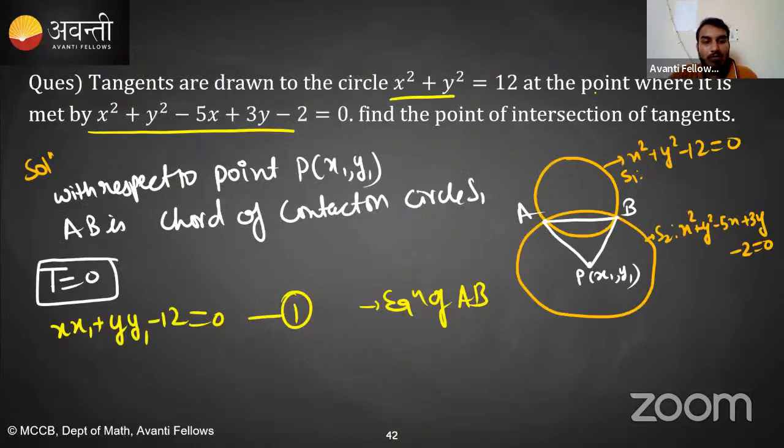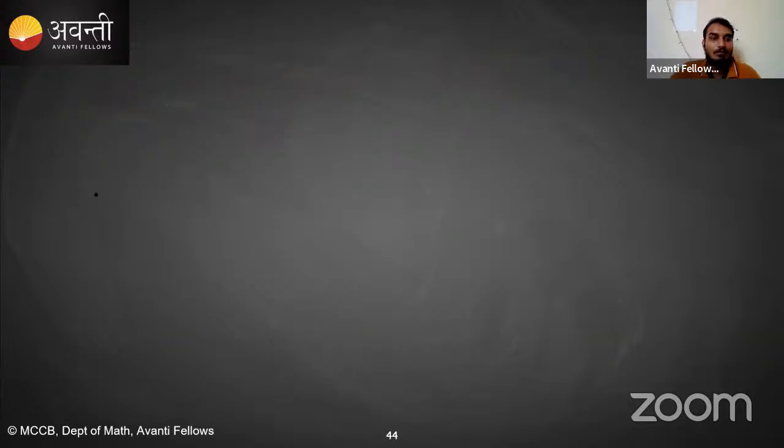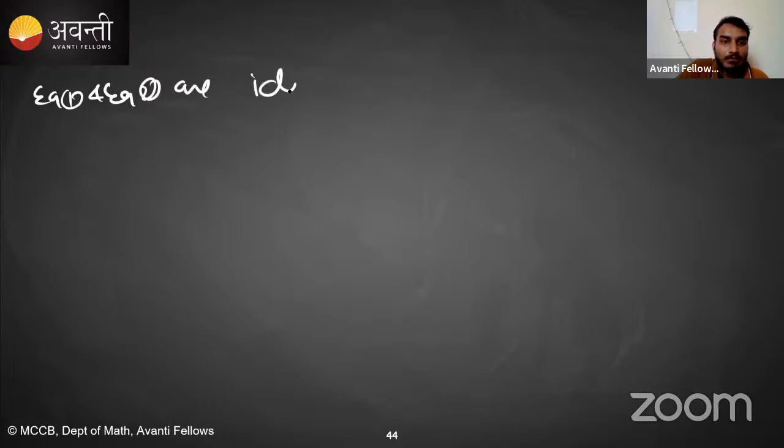If both equation 1 and 2 are exactly the same, it means the ratio of their coefficients of x, y and the constant should be equal. So here I am writing that equation 1 and equation 2 are identical.